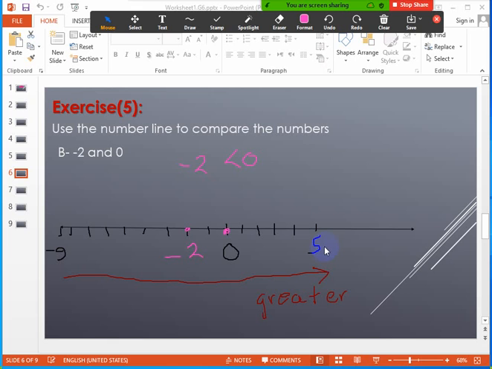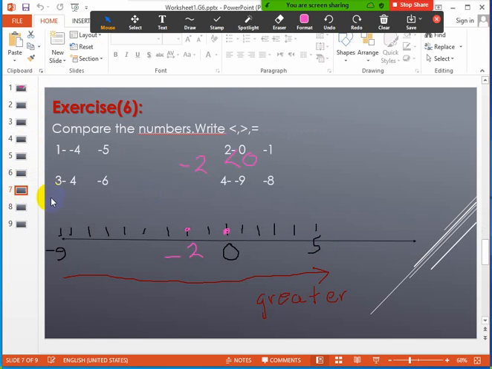Okay. Now let's move to the next slide, number 7. Compare the numbers, right? Greater, smaller, and equal.